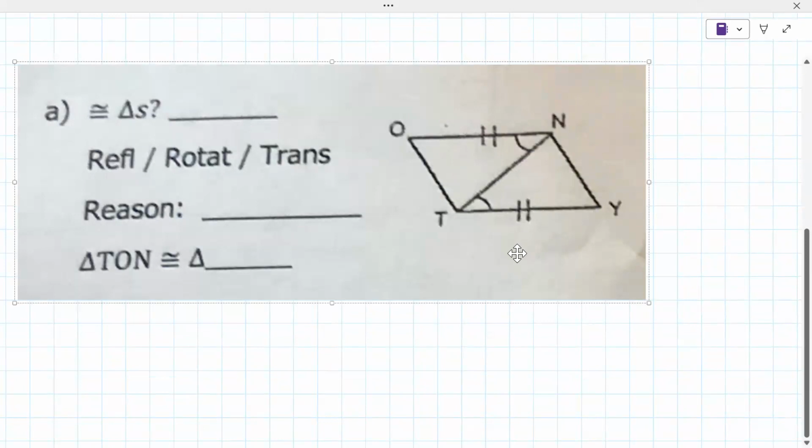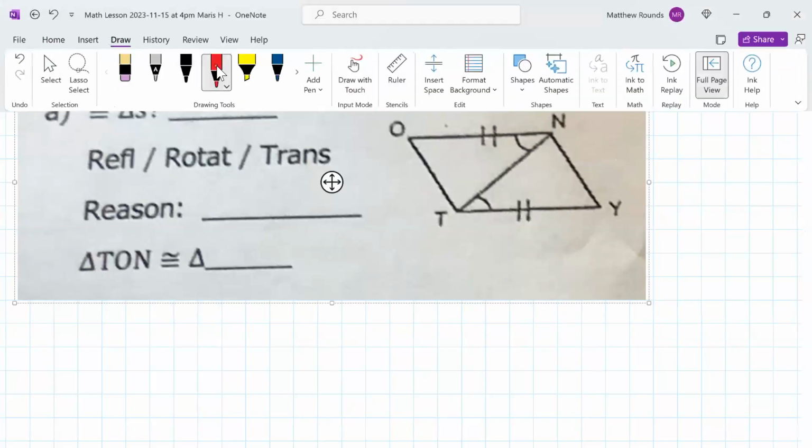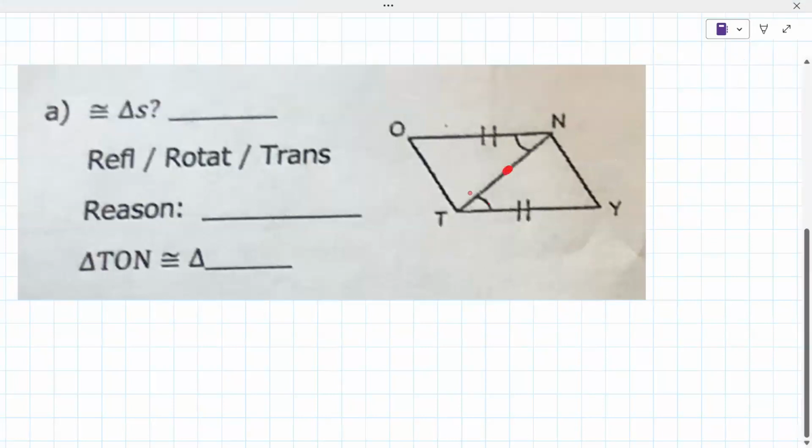I guess it's a single transformation. This one's pretty hard to see, actually. Maybe a rotation. Yeah, if you were to rotate about that point right there, I think you might get it. Do you feel like that would do it?